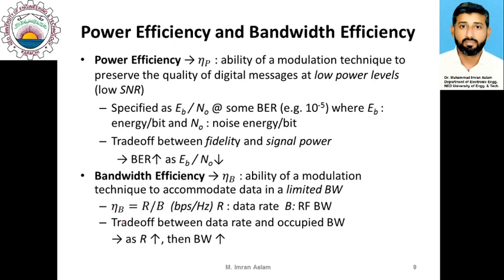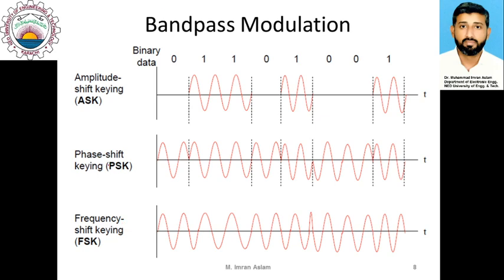You can see that for all types of band pass modulation scheme, the carrier is a sinusoidal carrier, and we use the digital data to change one of the characteristics of the sinusoidal carrier, either amplitude, phase or frequency, in order to have a modulated waveform. For digital systems, it is possible to change two of these characteristics simultaneously. Sometimes we use amplitude and phase simultaneously in order to represent the digital information.